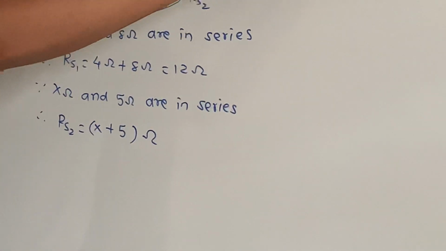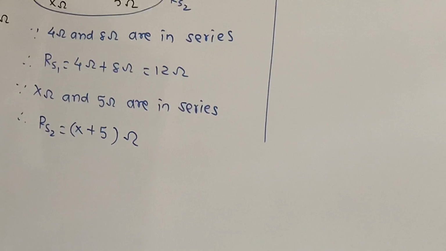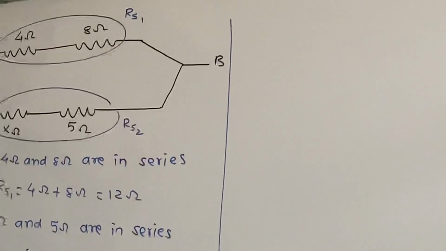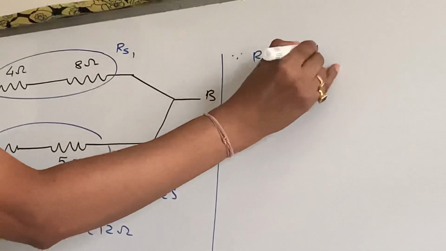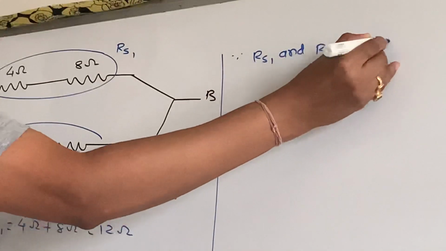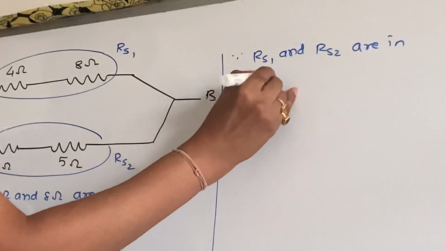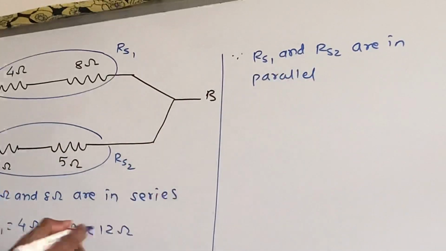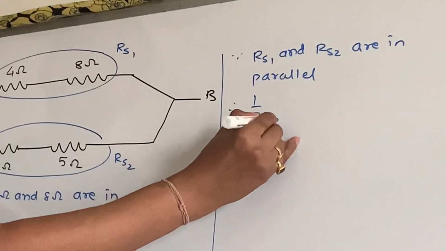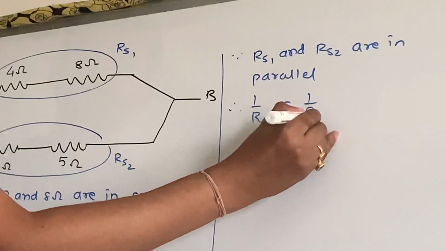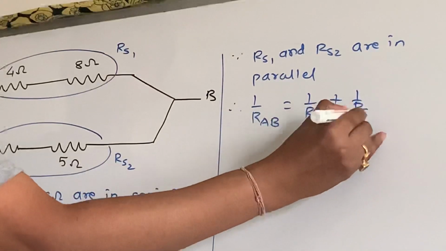Now how are these 2 connected? They are connected in parallel. So we write here since RS1 and RS2 are in parallel, 1 by RP, that is RAB, is 1 upon RS1 plus 1 upon RS2.